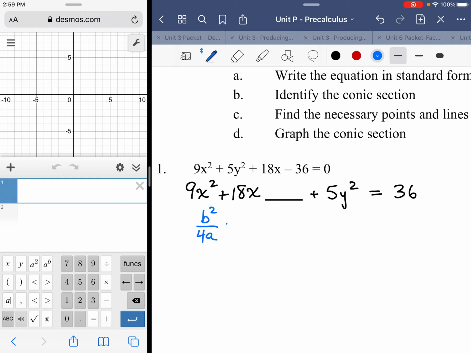All right, so in this case it would be 18 squared divided by 4 times 9, so divided by 36. All right, so that gives a result of 9. All right, so I'm going to add 9 to both sides.